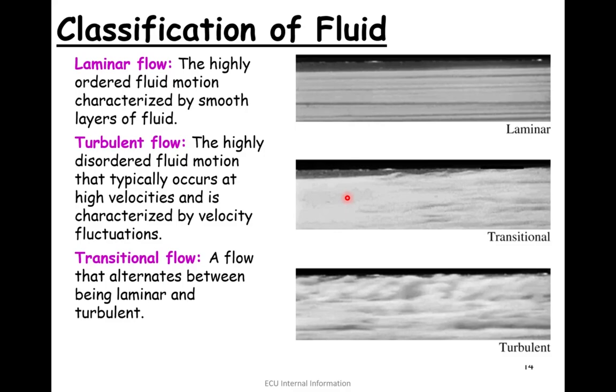Then we call this one transitional flow. If I want to summarize this, laminar flow is in the form that different layers of flow move relative to each other, but there is no momentum exchange between different layers. However, in turbulent flow, when the layers of flow move relative to each other, there is an exchange of momentum.